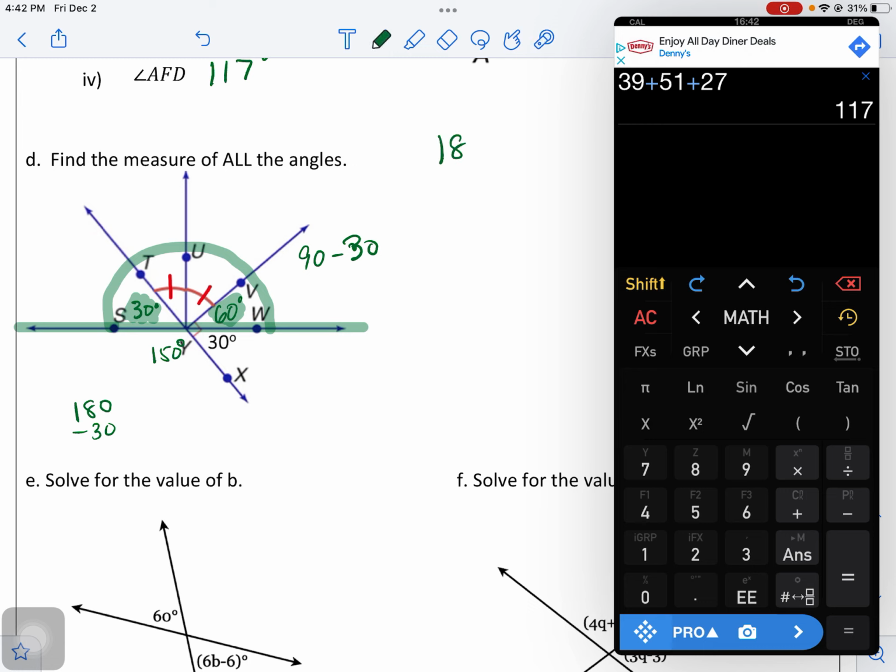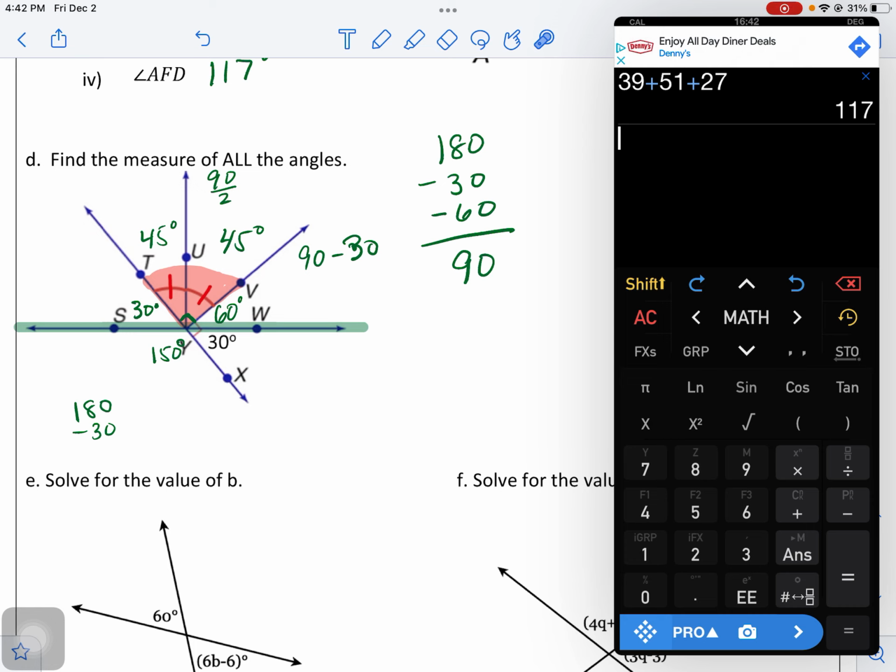So if I have 180 total degrees, take away the 30, take away the 60 that you already see, there are 90 degrees left for these two angles right in here. So this angle right here is 90 degrees. We know it's 90, so that means it's a right angle. We can make the little right angle mark. So if they're equal, I could do 90 divided by 2. And this guy's 45 degrees and this guy's 45 degrees. Because of those tick marks, we know they're equal measure. That's why they're 45.